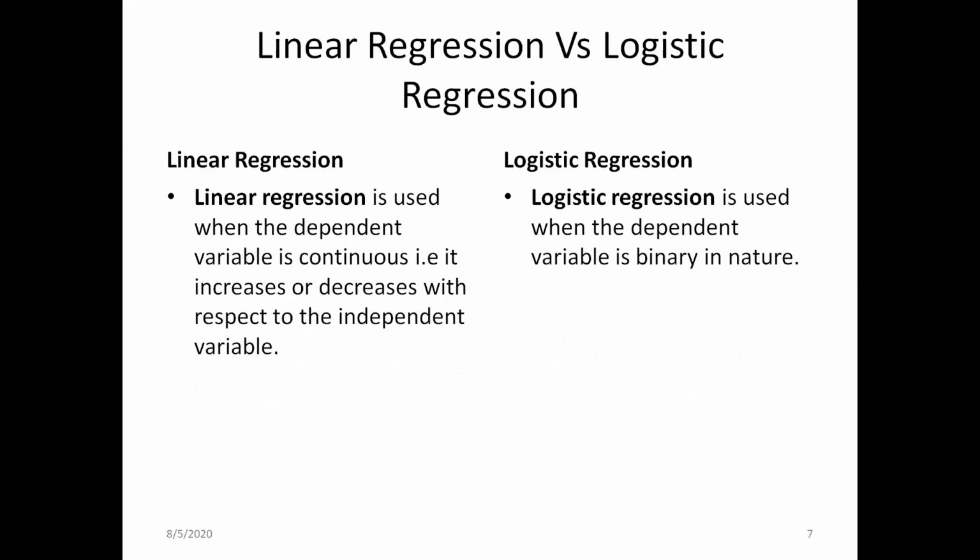So here we have the difference between linear regression and logistic regression. In linear regression, the dependent variable was continuous. It was either continuously increasing or continuously decreasing with respect to the independent variable x. In case of logistic regression, we use this particular regression technique whenever we need a yes or no prediction, whenever the dependent variable is categorical, right?